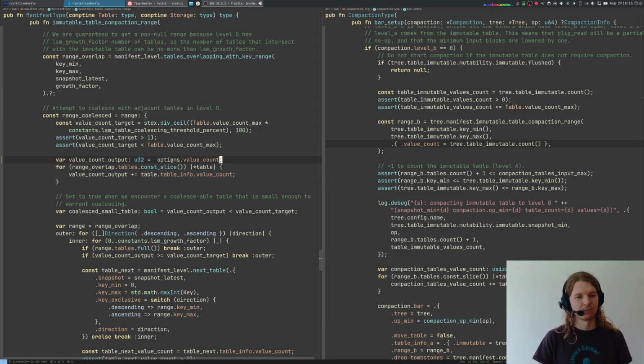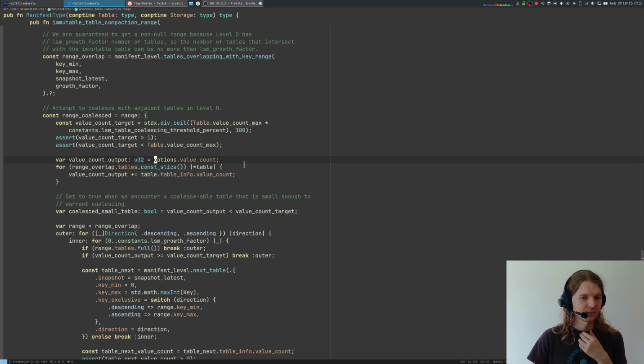But the values from level A might actually shadow some of the values from level B. So in the worst case, yes, we add all these values, but in the best case, they all annihilate with some value from the next level, so we actually end up adding 0 values. Okay.